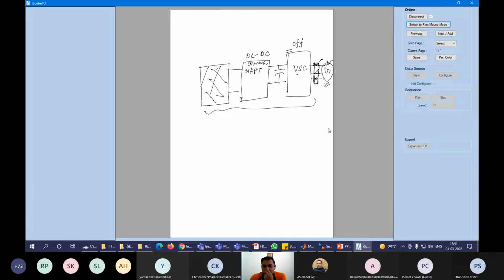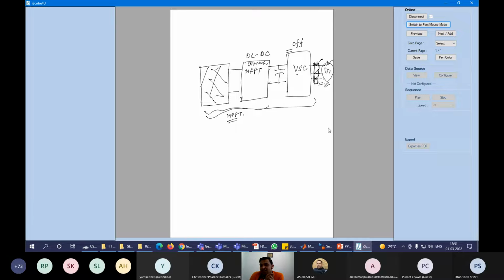Okay. So here, if I remove this grid, from the PV array side it is always operating at MPPT. But there is interruption in the flow of power.